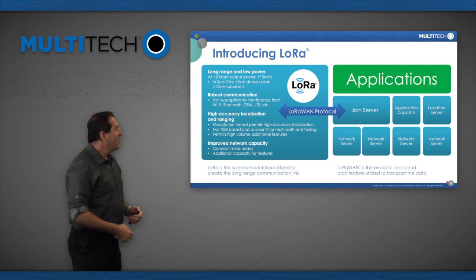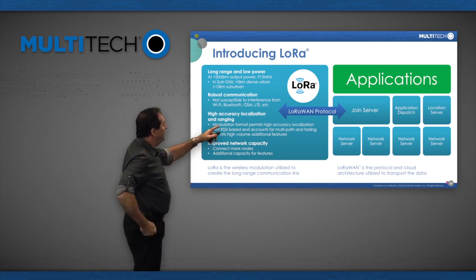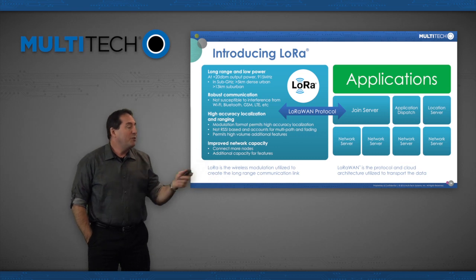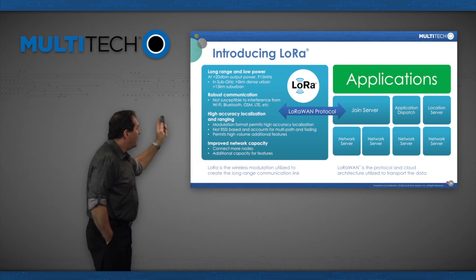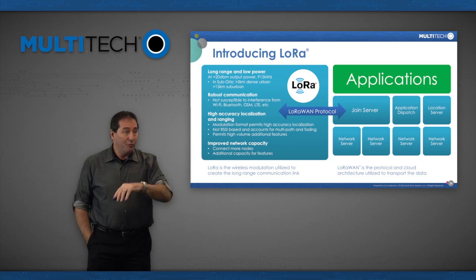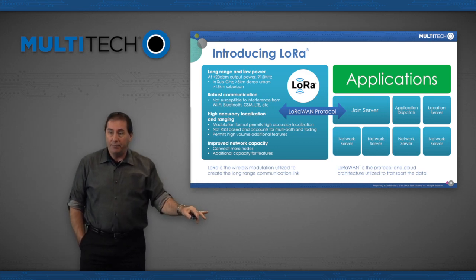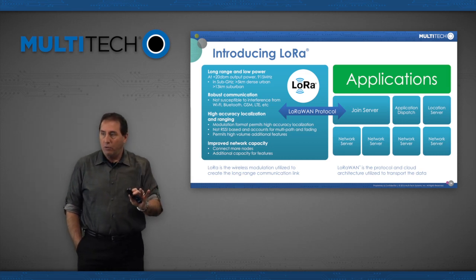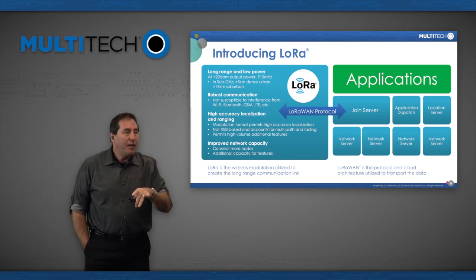And then on top of that, you have an application dispatch server. An application dispatch server is simply something that says, when an endpoint sends application data, it actually encrypts it separately and differently than a network packet. And technically, the network can't tell at all what is in the application data packet, which is good, right?